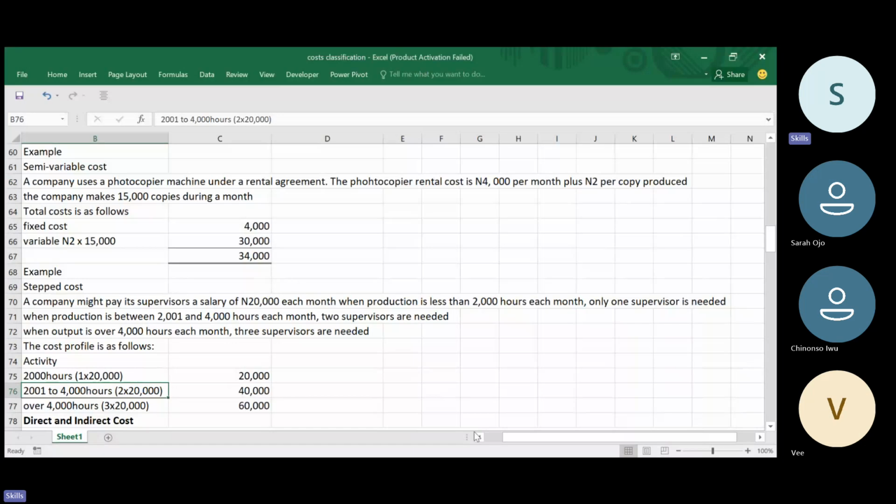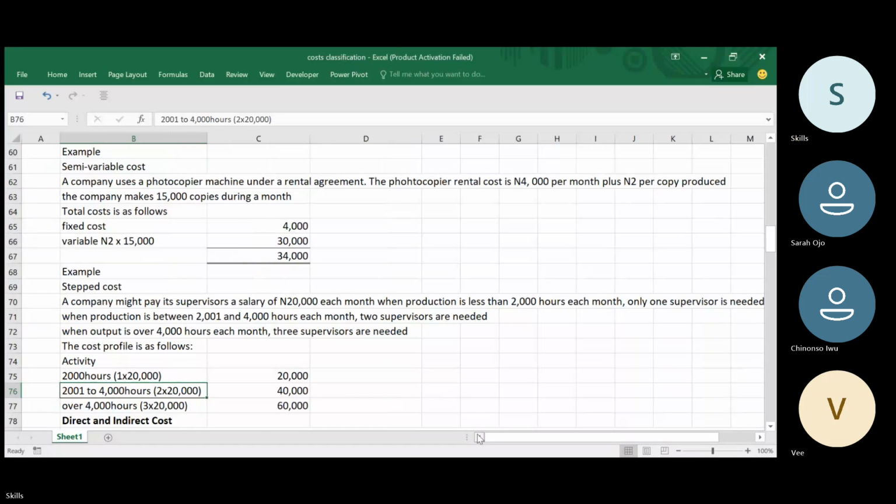But if the hours increase from 2,000 to 2001, 2001 to 4,000 hours, you will need 2 supervisors. So one supervisor can handle 2,000 hours work. But when it is over 2,000 hours, you will need 2 supervisors.